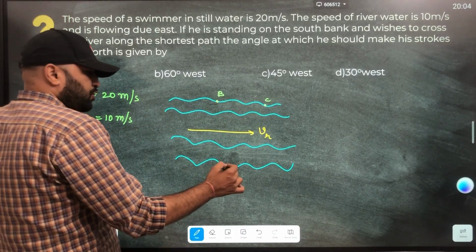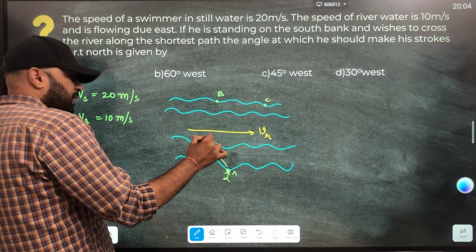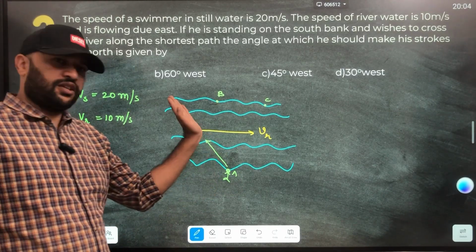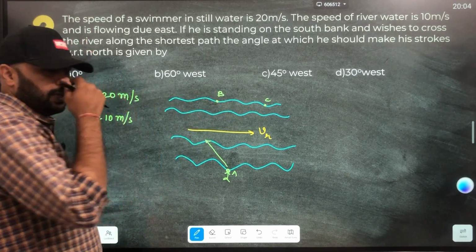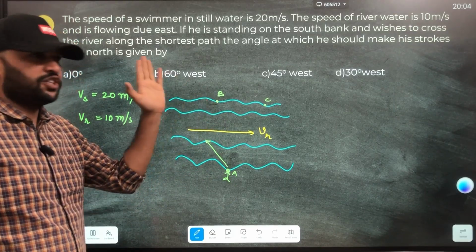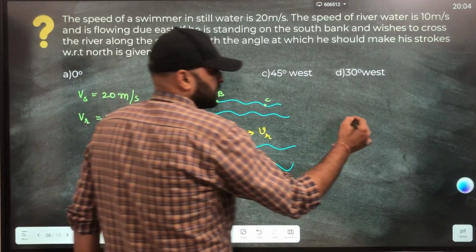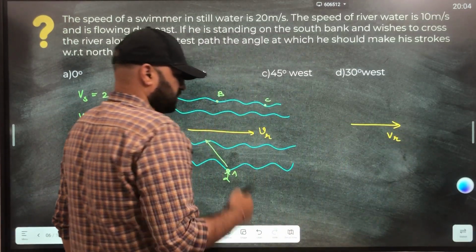Better is I should go in this direction. If I move in this direction with that velocity, I will somehow reach point B. So let's find at what angle I should go in this particular direction to reach point B. So let's make vectors. This is our velocity VR, correct, in this direction.